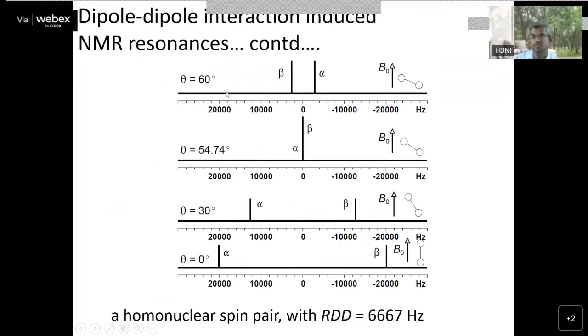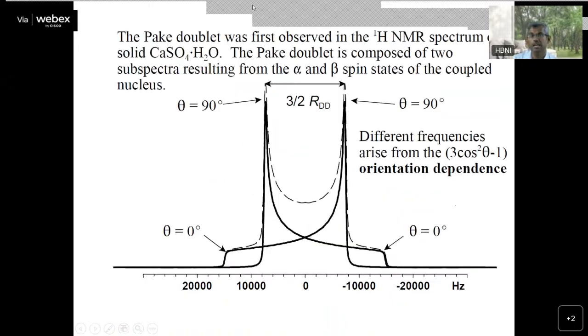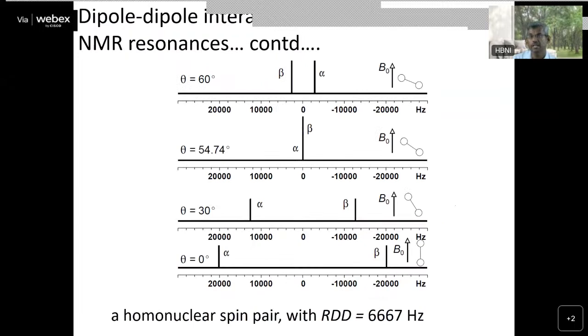That is why if you take a single crystal of gypsum, that is nothing but calcium sulfate dihydrate, CaSO4 2H2O, and keep it at an angle of 54.7 degrees, both the alpha and beta protons will give a single peak. At all the other angles, for example, if you reduce the angle to 30 degrees, again it separates.